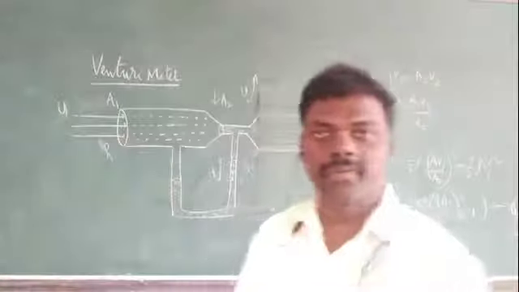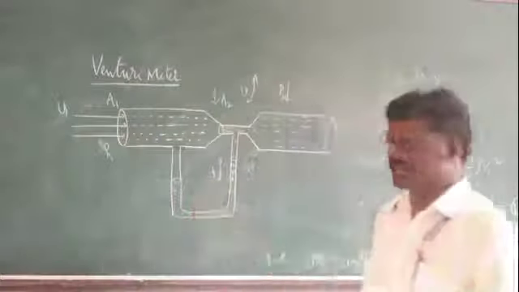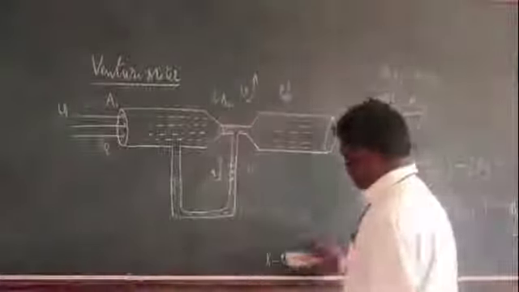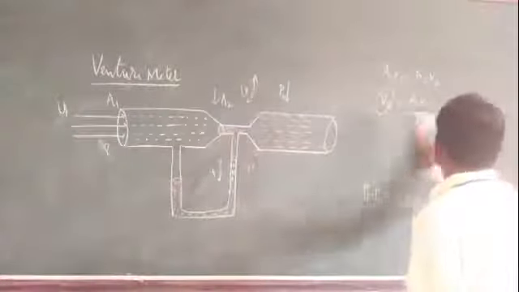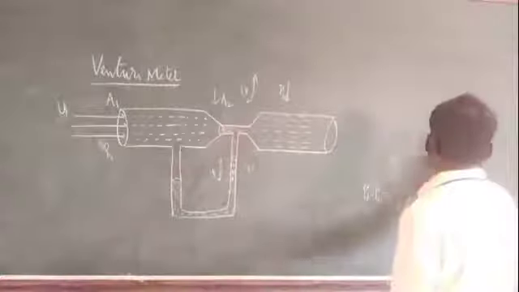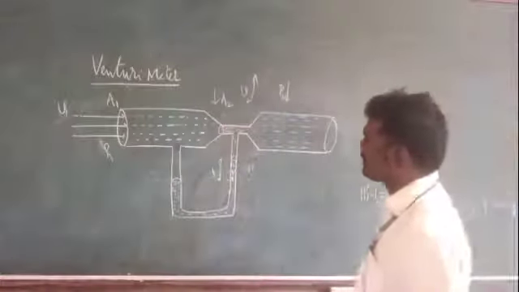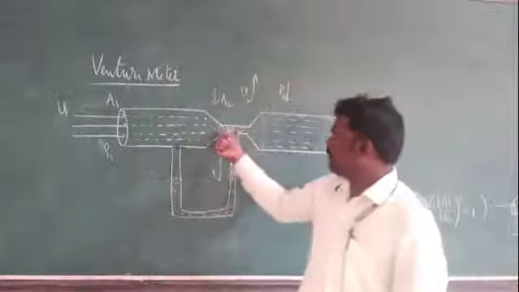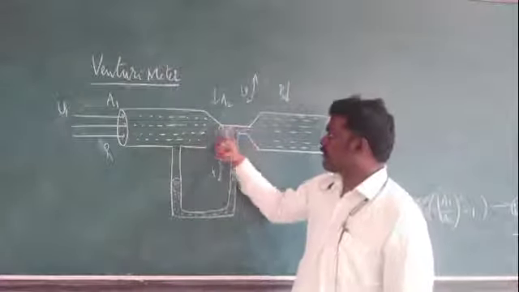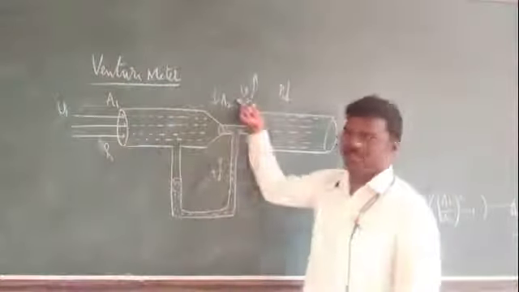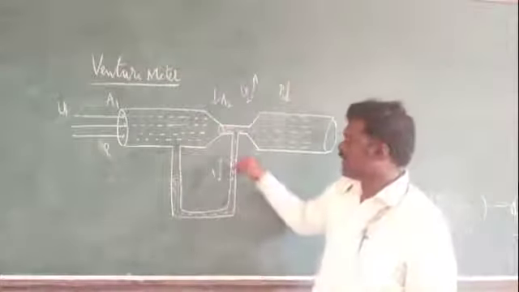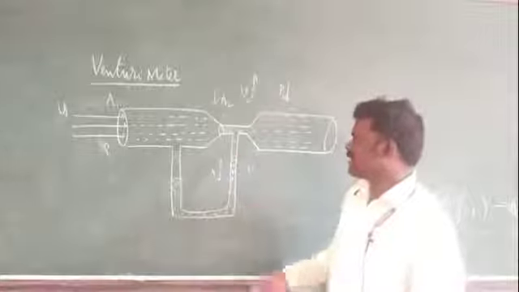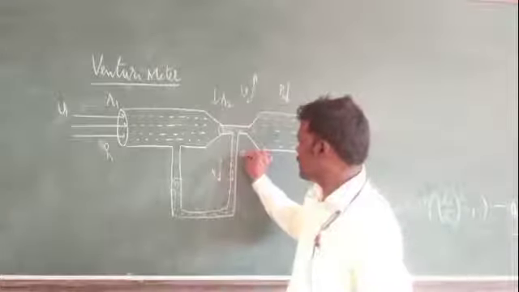Now we are going to discuss one more equation. When the fluid passes through this narrow cross-section A2, its velocity is large and pressure is less. Here the pressure is more, applied as P1.